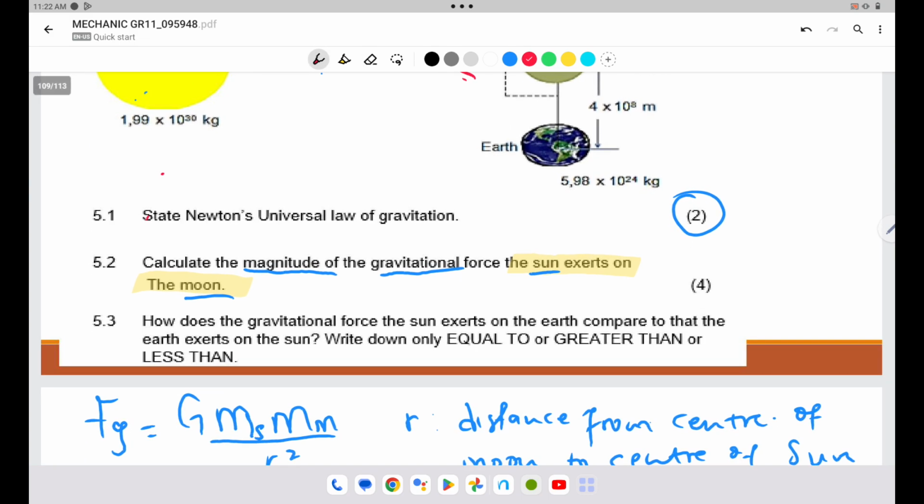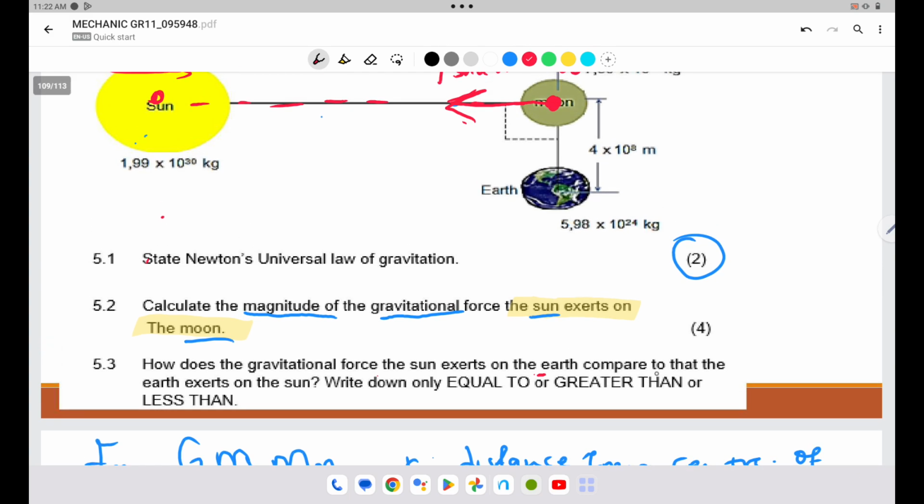Then the other question says, how does the gravitational force that the sun exerts on the earth compare to that the earth exerts on the sun?